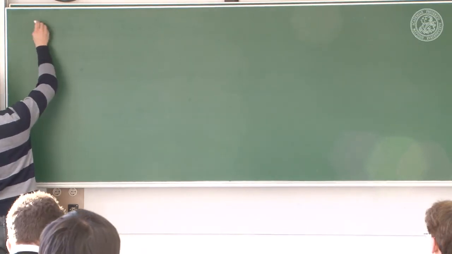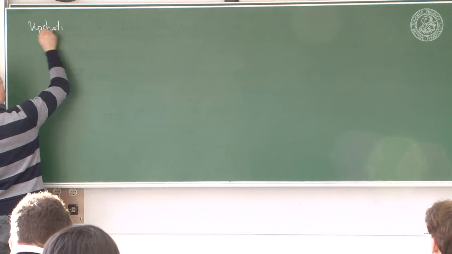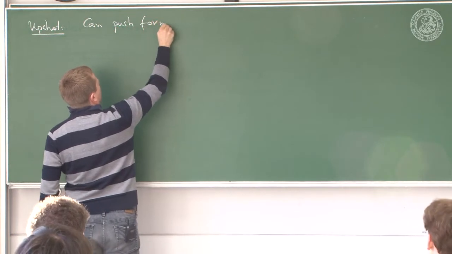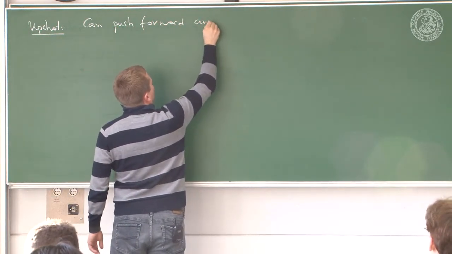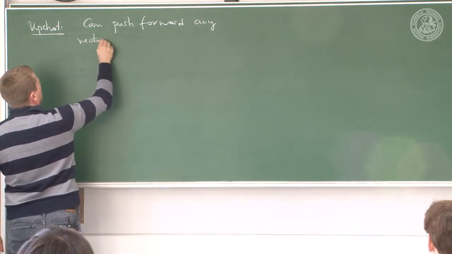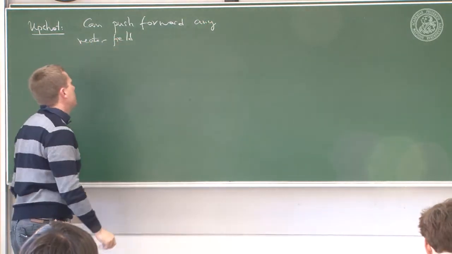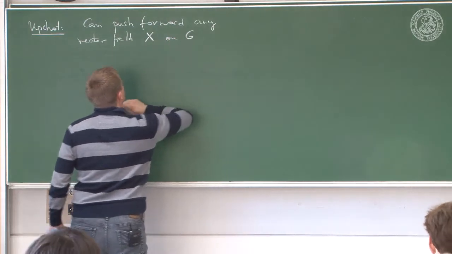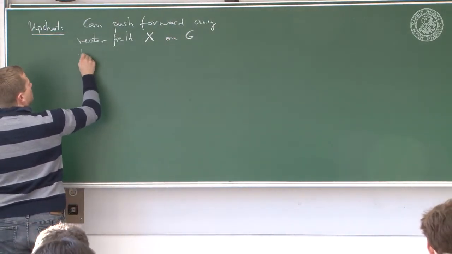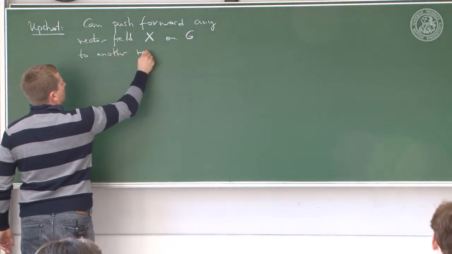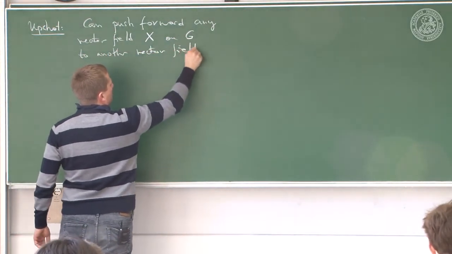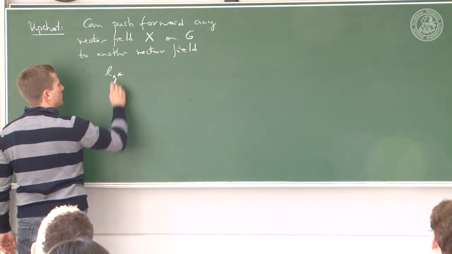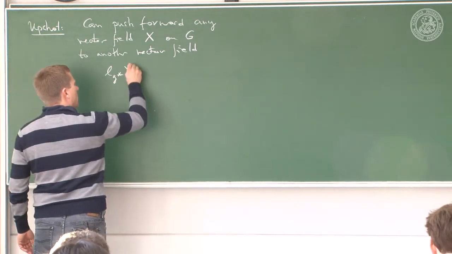So, upshot: we can push forward any smooth vector field, that's understood, any vector field X on G to another vector field, L_g push forward of X, on the group.